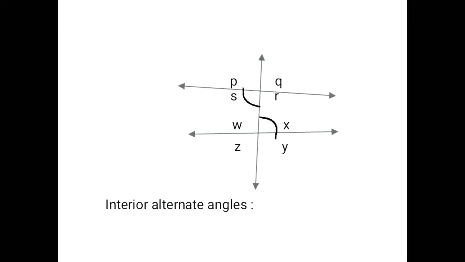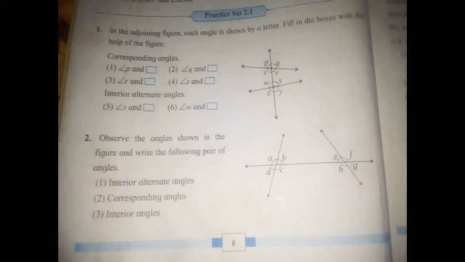When you name the alternate angles, you can take in Z type of line like this. Angle S and angle X are alternate angles. So fifth one answer is angle S and angle X. Next, sixth one, angle W and dash.